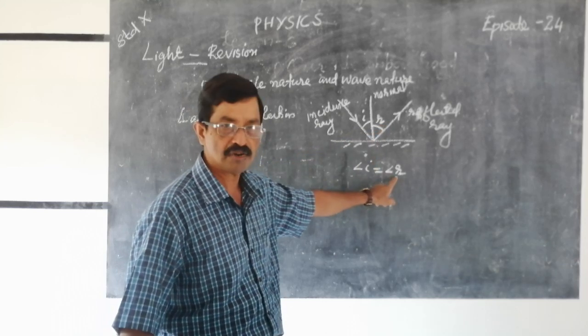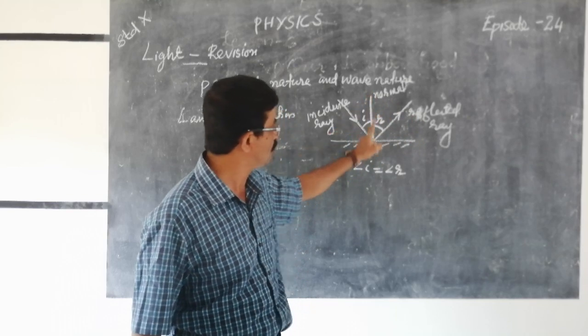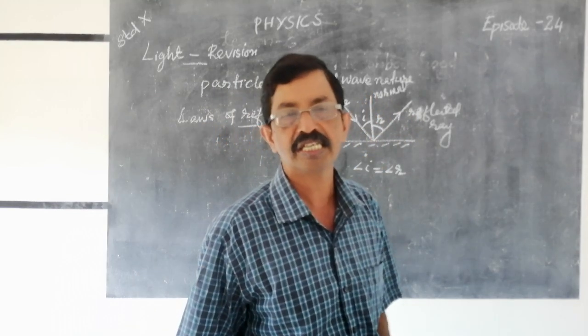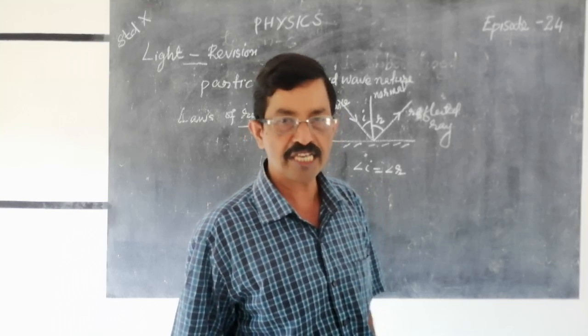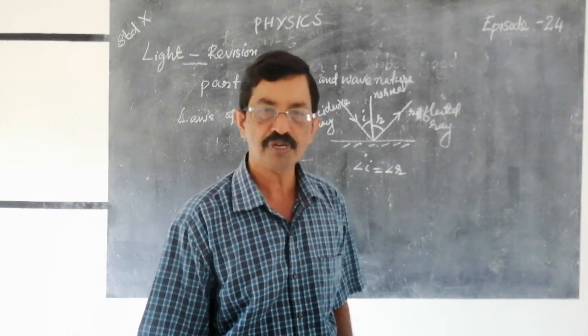They are equal. This incident ray, reflected ray, and normal which we drew to the surface at the point of incidence are in the same plane. These two things you want to remember about the laws of reflection.